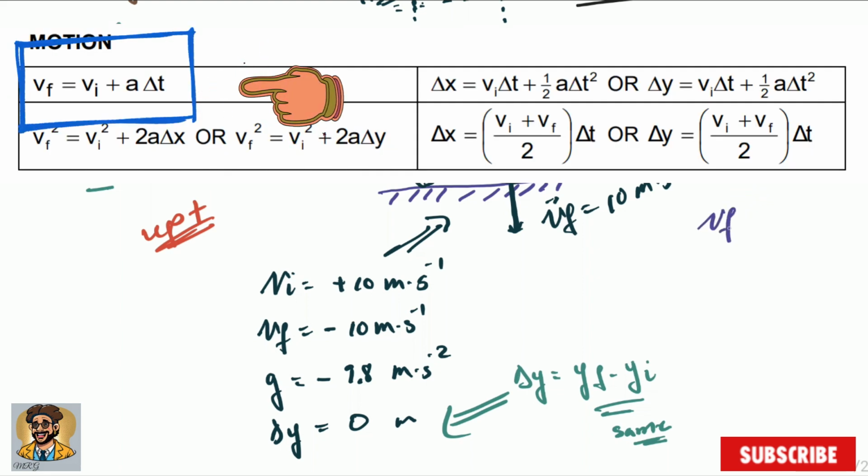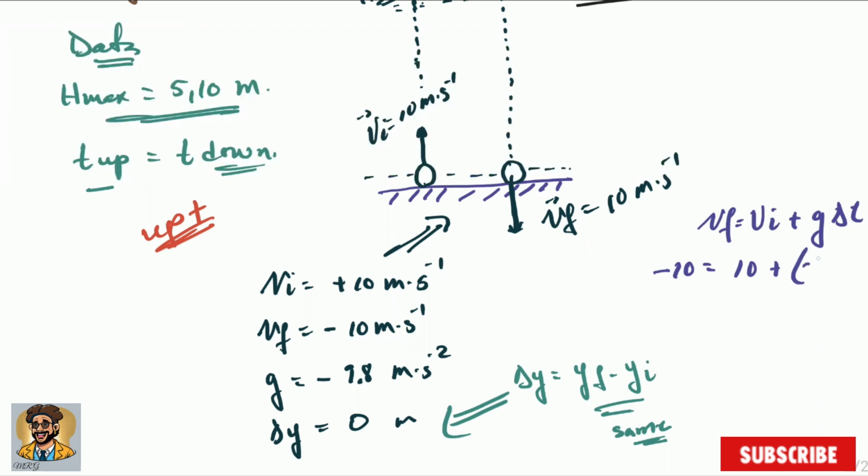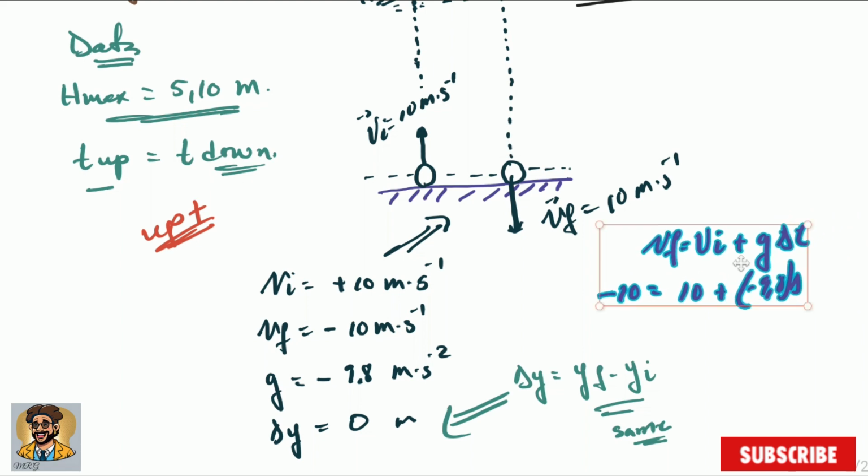Well, saying that, you take the formula that best suits you. Very easy. Final velocity is equal to initial velocity plus acceleration multiplied by the time. Quite simple, that is what I'm saying. So now it is going to be minus 10 is equal to 10, and be careful with the direction, plus minus 9.8 multiplied by the time. Perhaps I have to move everything more to the left. There we go.